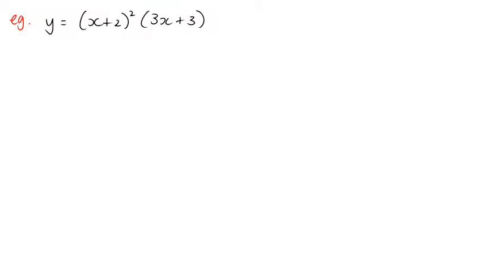Right. So this is our function. Quite clearly, there's two separate functions being multiplied together, so we're going to use the product rule. We're going to call the first one u and the second one v.